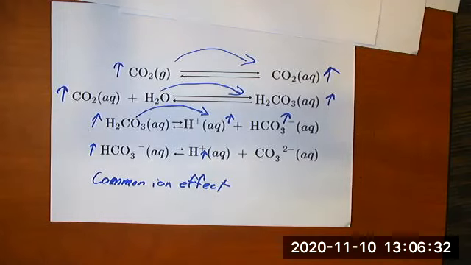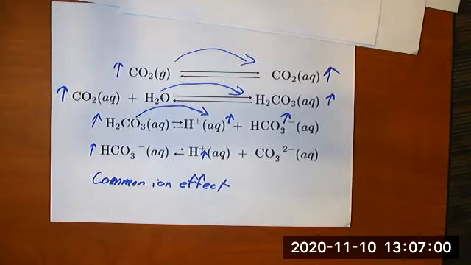So the titrations are kind of the culmination of all of the acid-base stuff that we've been doing. And it's a culmination in the sense that all of the aspects of acid bases that we talked about figure into doing titration calculations.